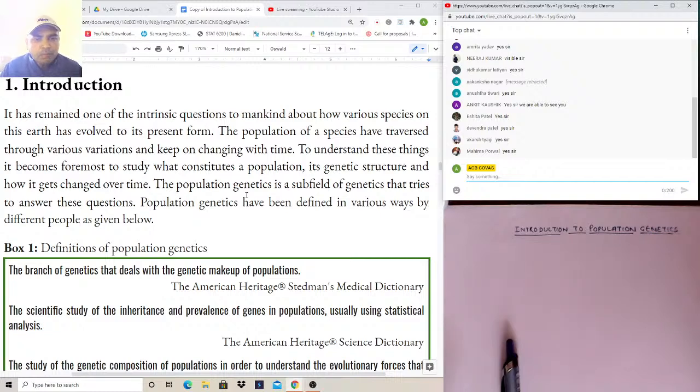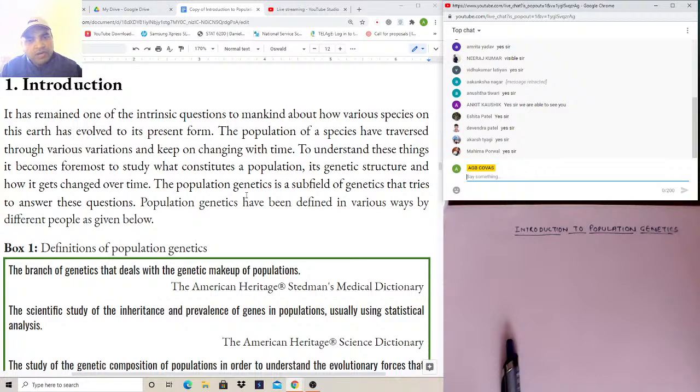The population of a species has traversed through various variation and keeps on changing with time. From the scientific knowledge we have gathered, we understood that a species, say for example Homo sapiens, was not the same as we see today.